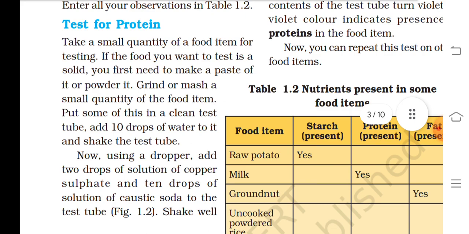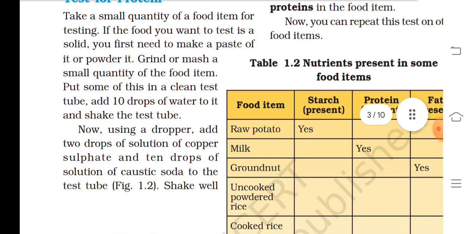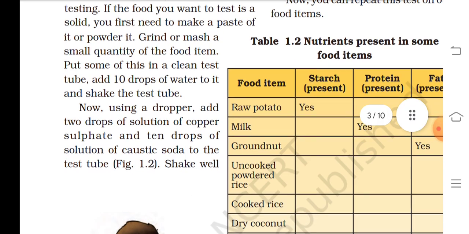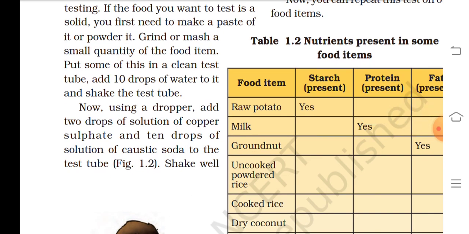Test for proteins. Take a small quantity of the food item for testing. If the food you want to test is a solid, you first need to make a paste of it, by grinding or mashing its powder. Put some of this in a clean test tube and add 10 drops of water to it and shake the test tube.